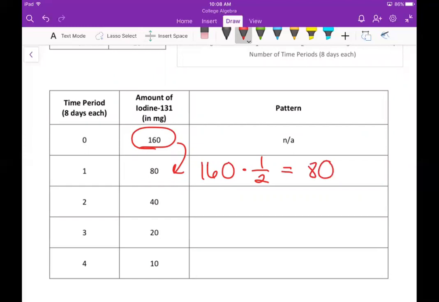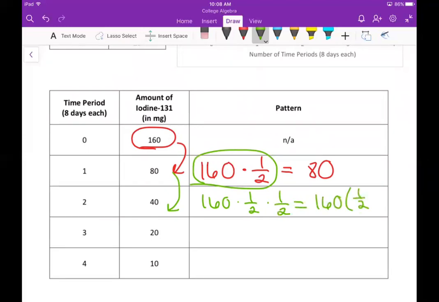And again, we want to keep working with that initial value. So we think about 80 as 160 times 1/2. Then you see we took 80 times 1/2 again to get to 40, and that's the same thing as taking 160 times 1/2 twice. We start to see that exponent come into play with a new kind of factor, 1/2.